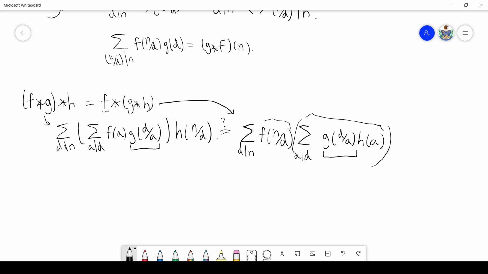And this allows us to see that the numbers a, d over a, and n over d, they all multiply to n. And these two, of course, multiply to d because they come from the convolution of f and g applied at d. So these numbers have to multiply to d.